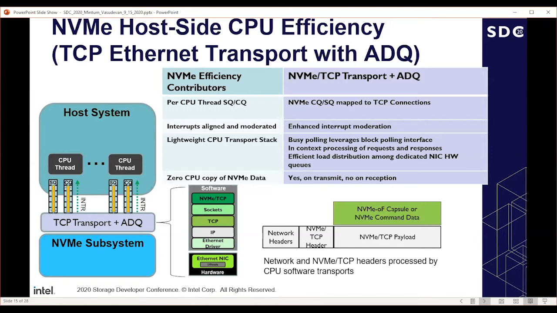So this allows that queue to be serviced in the context of that TCP connection. And because it's TCP, it's still zero copy on transmit and then a copy on reception.